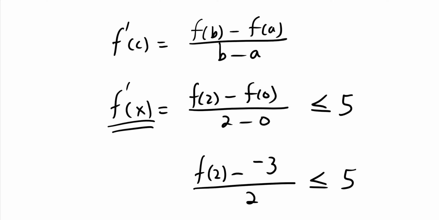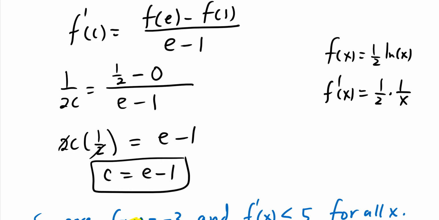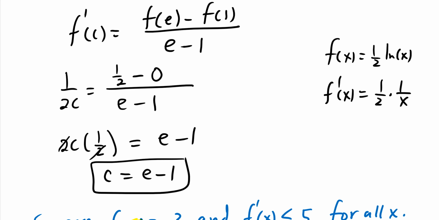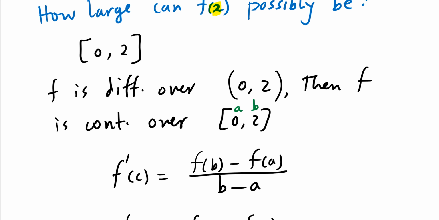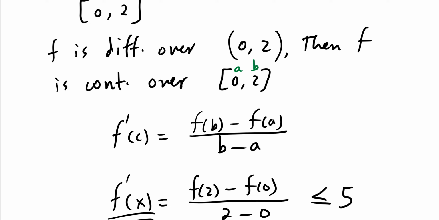That's what this section is about: what is Rolle's theorem, what is the mean value theorem, and how can we use them in an indirect way, as you see in this example. Rolle's theorem has one extra condition, but the mean value theorem has only two conditions that need to be satisfied. One common mistake students make on exams is not listing the conditions in the proper way.